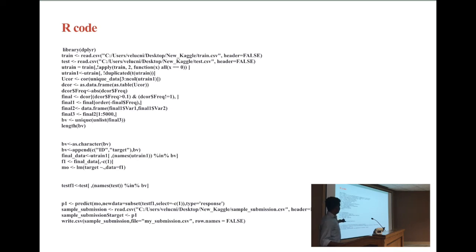Then for the final data we choose only the required variables from there, and then we apply the model. Then I give a test data set, and we apply the predict logic. Whatever we predict from that process, we add to the sample submission data set, and then the submission data set will be submitted.